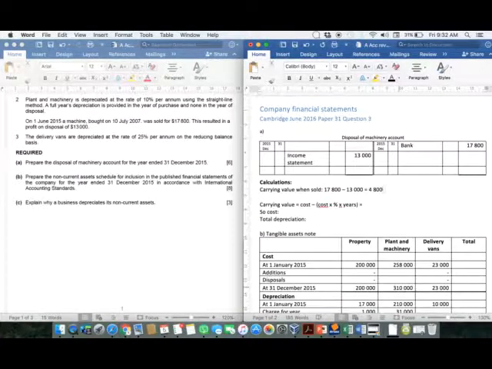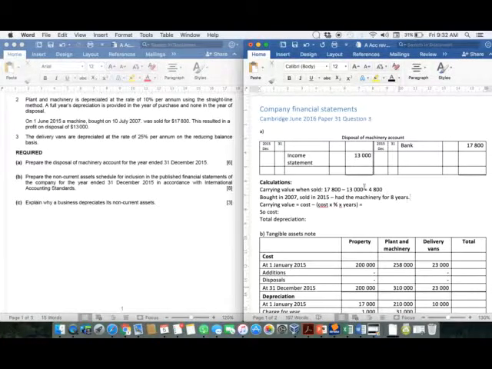So what you can do now is work out that if you had the machinery for a period of time, look at when it was. It was bought in 2007 and it was sold in 2015. So that means that you had the machinery for 8 years.